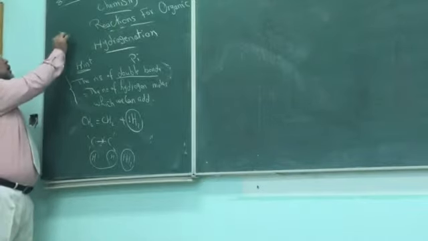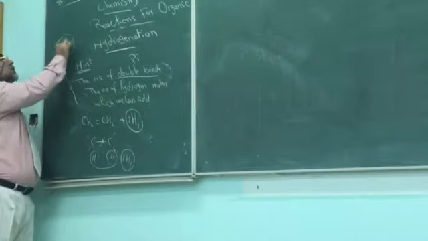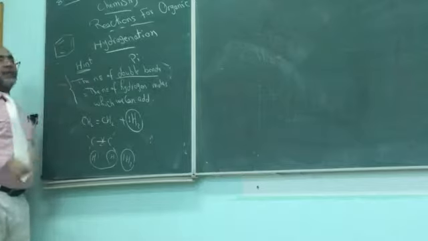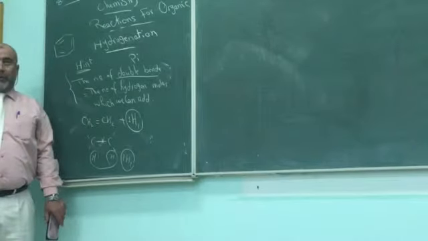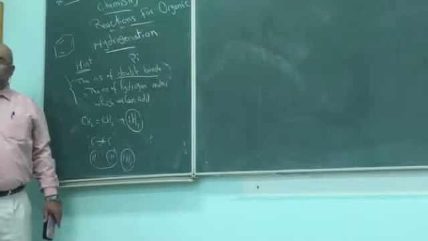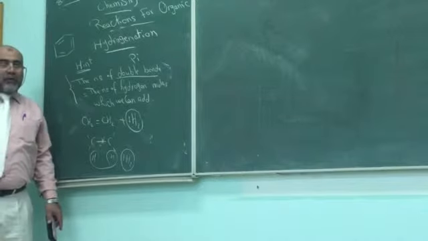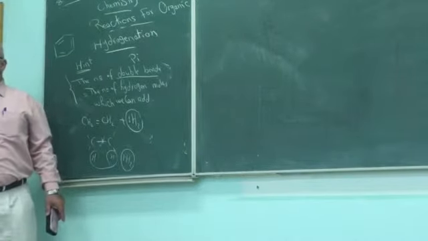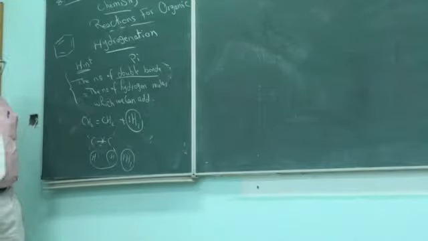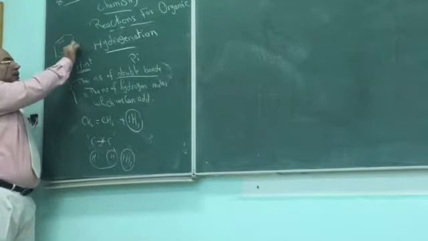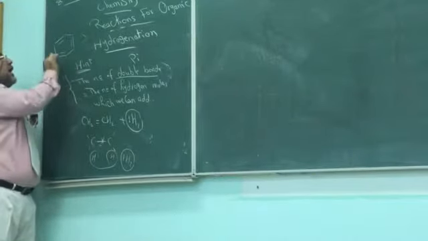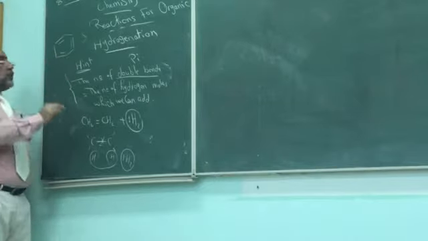Mr. Hamad, you have in benzene here how many double bonds? 3. How many pi bonds? 3. How many moles of hydrogen do you need to add to convert it from unsaturated to saturated? 3. Hydrogen here, that means 1 mole. Hydrogen here, second mole.